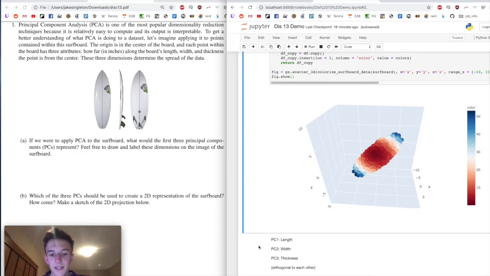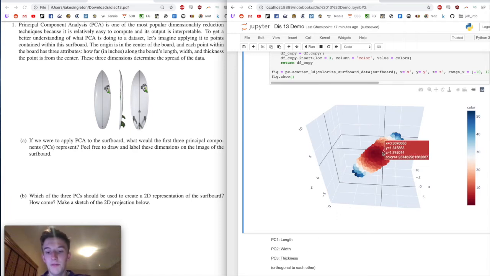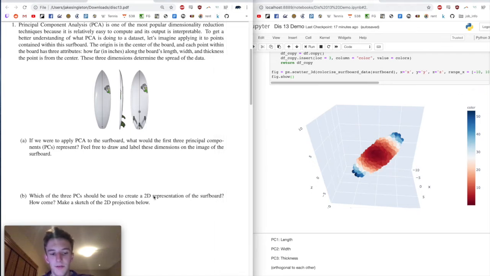And luckily, we already did that in part A. So the 2 PCs that explain the most variance are PC1, the length, and PC2, the width. And so those 2 principal components should be our choices used when we create a 2D representation of this surfboard.